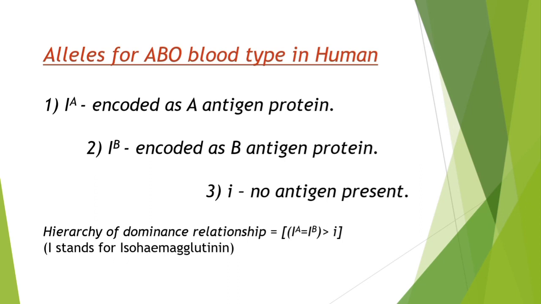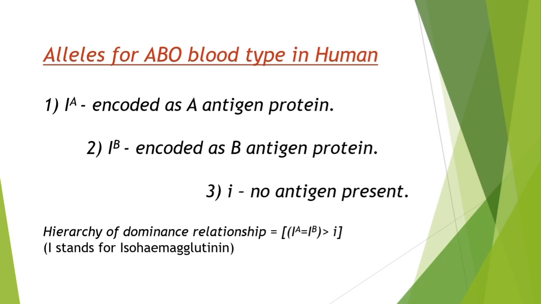So now we will have to keep in mind that on the basis of these three alleles, there is a combination between any two of these three alleles, and the expression of the blood group takes place on the basis of those two alleles, where capital IA and capital IB are dominant alleles, and when both of them are present, then there is codominance.